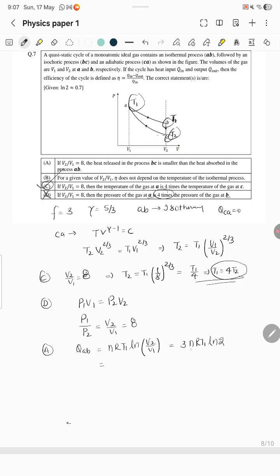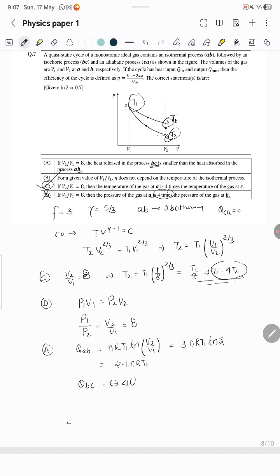And ln 2 is 0.7, so we'll get 2.1 nRT1. Fine. Now we got process AB, then we have to talk about process BC. If you see that they want heat release, so they want minus heat, right? So heat release will be equal to minus delta U actually.